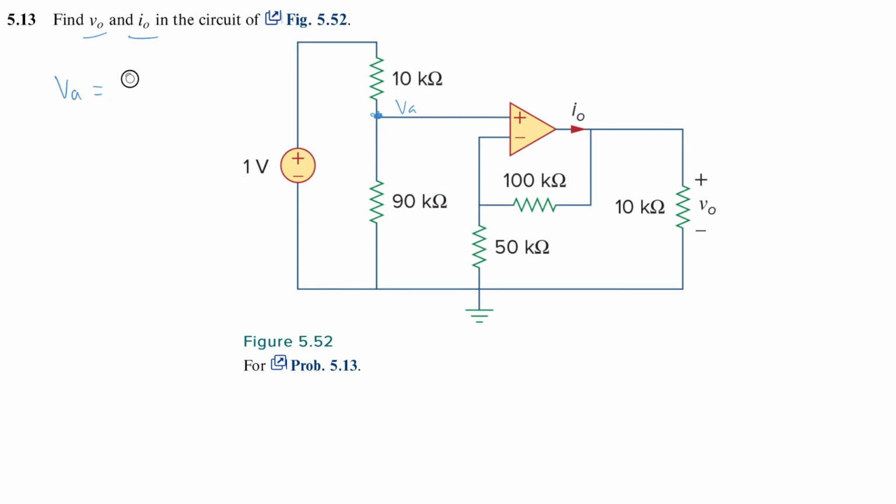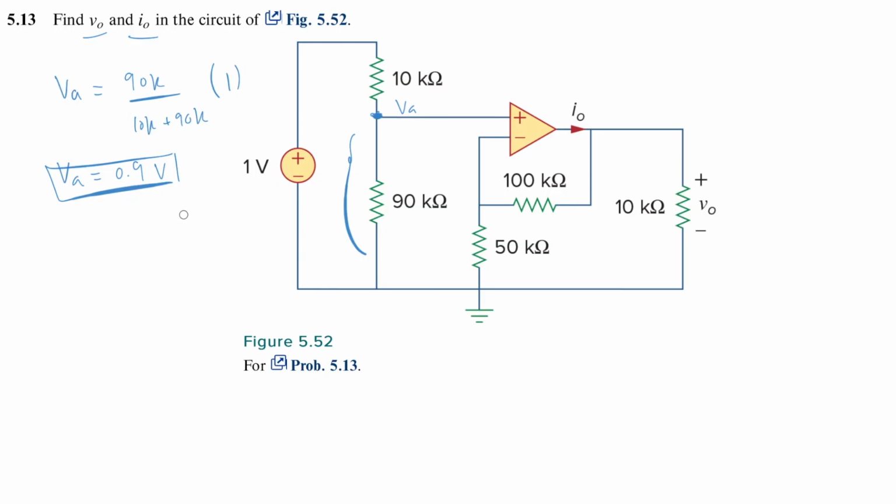So VA is, and we're interested in the voltage across the 90K, right? Because it will give us VA. So it's 90K over 10K plus 90K times the voltage that is being divided, which is 1. So VA will equal 0.9 volts.